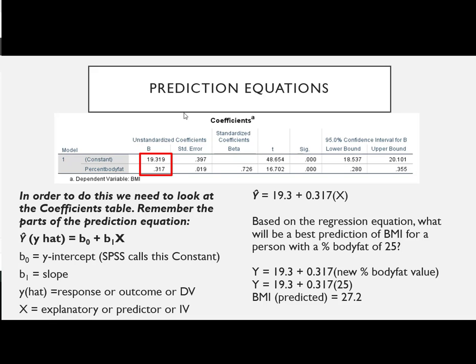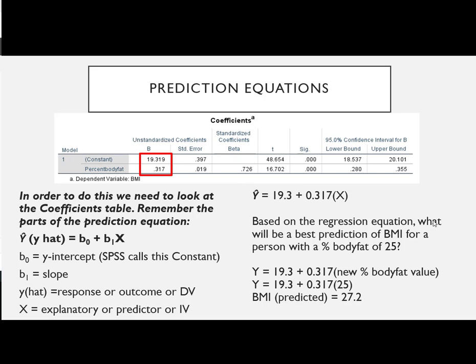Okay, finally, the prediction equation. In order to do this, we need to look at the coefficients table. So remember, the parts of the prediction equation: we have y hat, beta naught, beta 1, x, where they are the predicted value, the y-intercept, the slope, and the explanatory variable. So we write it in. We have 19.3 plus 0.317x.